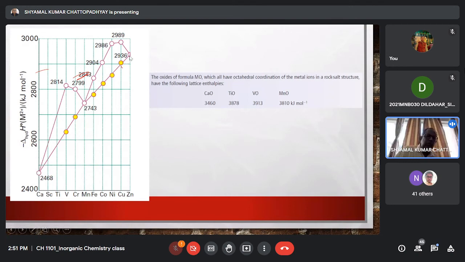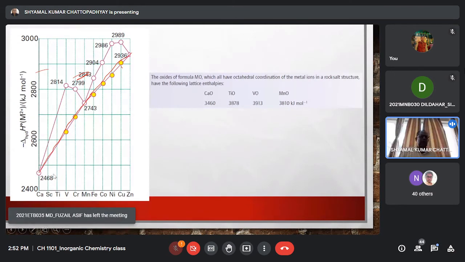So if you join these three spots, D0, D5 and D10, we should get a straight line, like this. But in reality, what we get? A double hump curve like this. So you get this kind of curve: this is a hump and this is another hump.